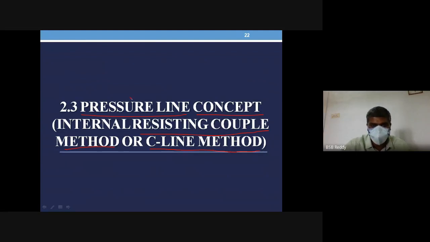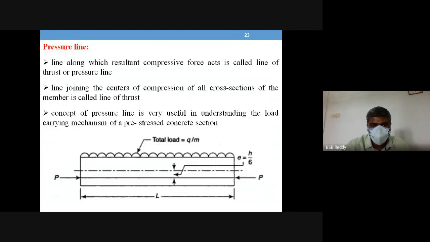Famously known as the pressure line concept. The other way you can call it is the internal resisting couple method, or C-line method, nothing but compression line method. Okay, right. Let us see what it is actually.